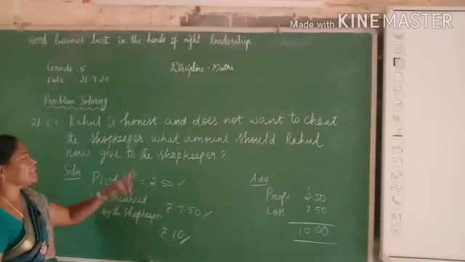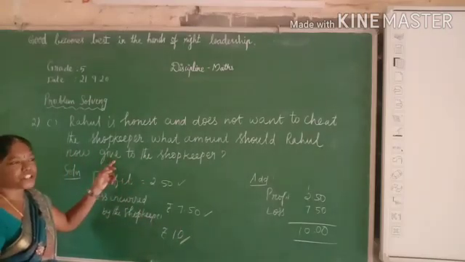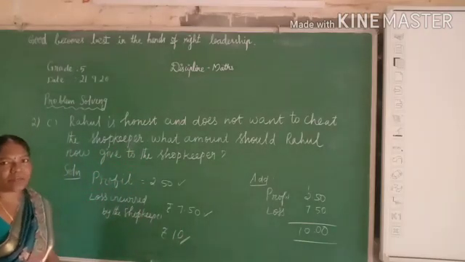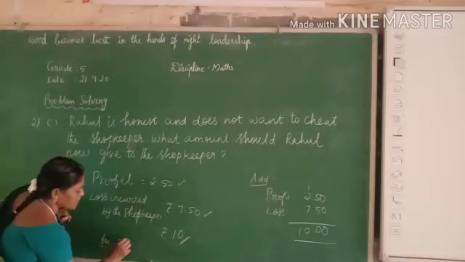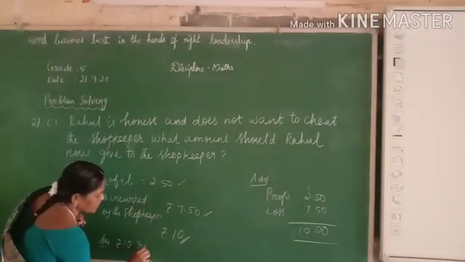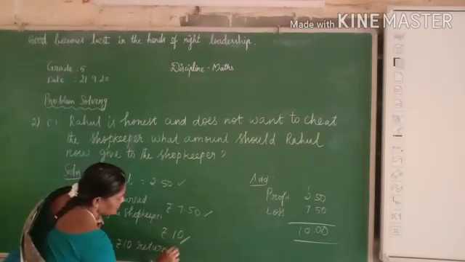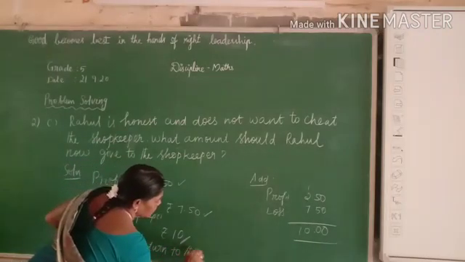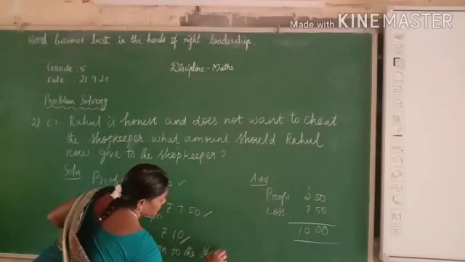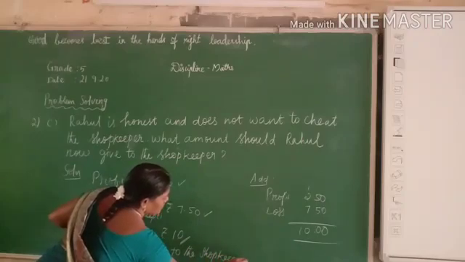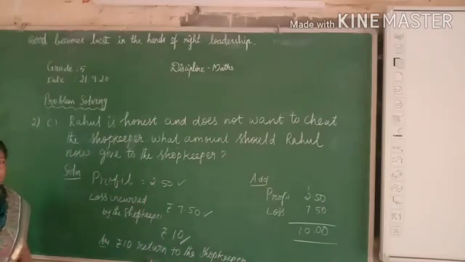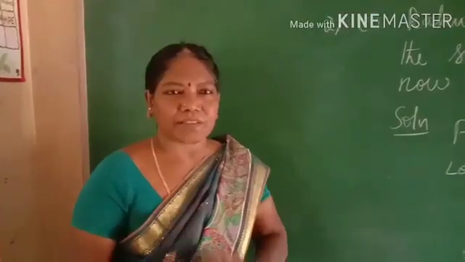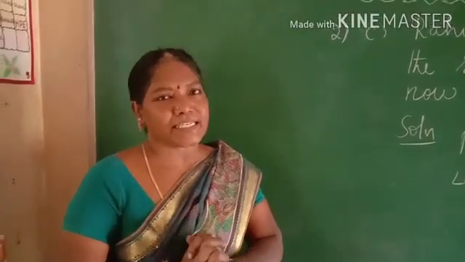Then rupees 10 is returned to the shopkeeper by Rahul. So the answer is rupees 10 returned to the shopkeeper. Okay, children, are you clear? Thank you, children. We will meet in the next class.